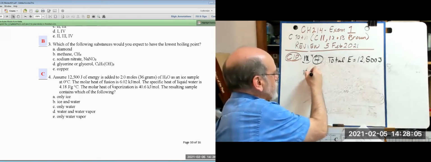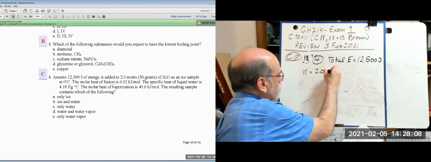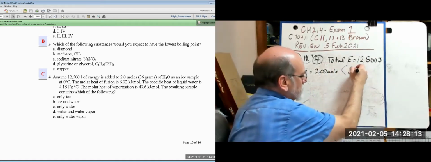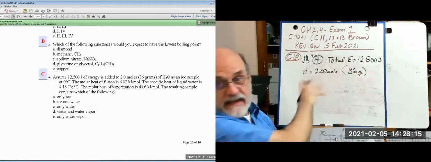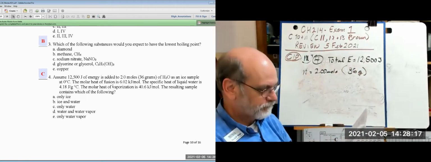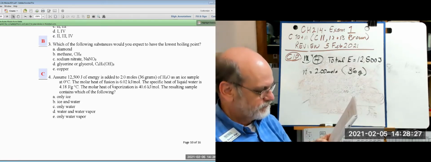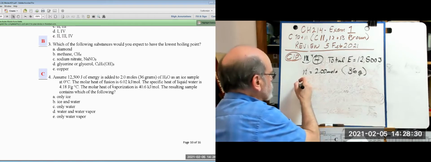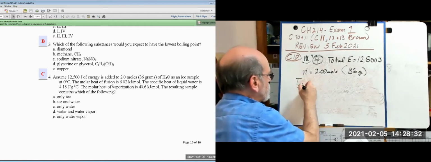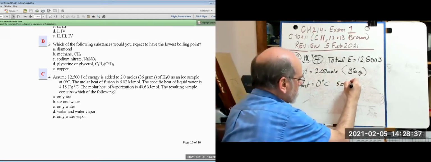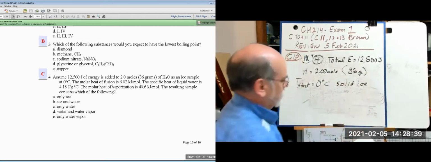So the moles of water is 2 moles, which translates into 36 grams. You might need both of those. You're starting off with ice at 0 degrees. Okay, so your starting temperature is 0 degrees C, solid ice.